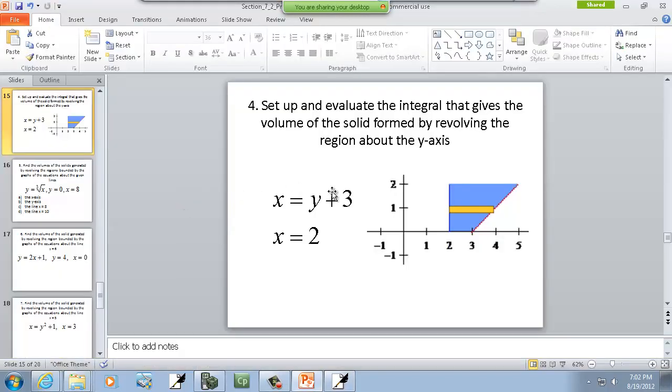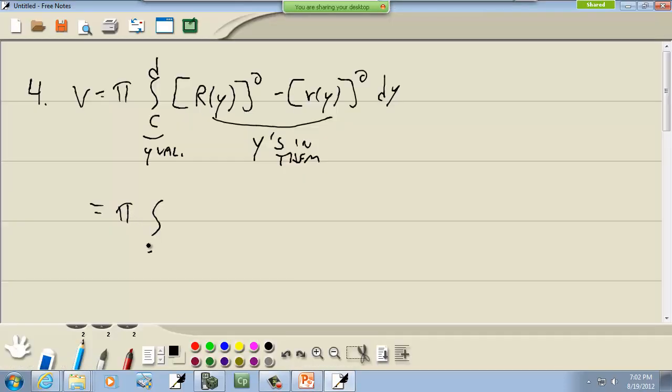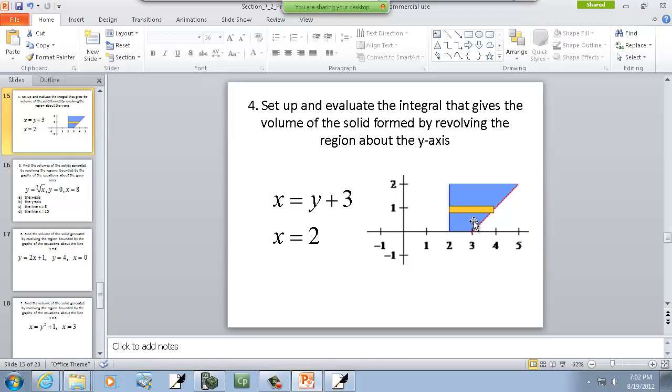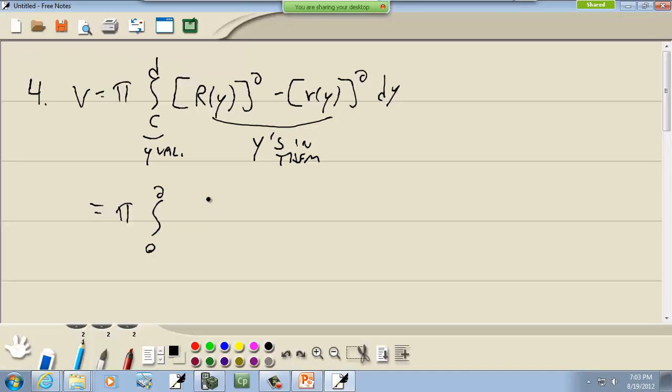Okay, so for our y's, this is going to go from 0 to 2. And then our outer one is the one furthest away from the y-axis, which we're revolving around. So the outer one's this line right here, which is x equals y plus 3. So we'll put in y plus 3 squared there, minus.